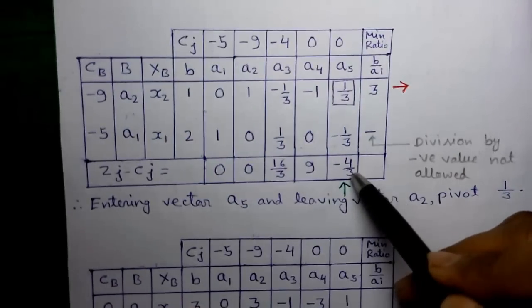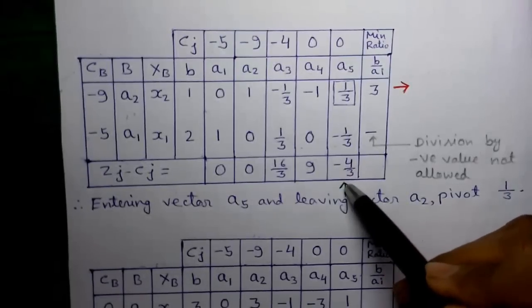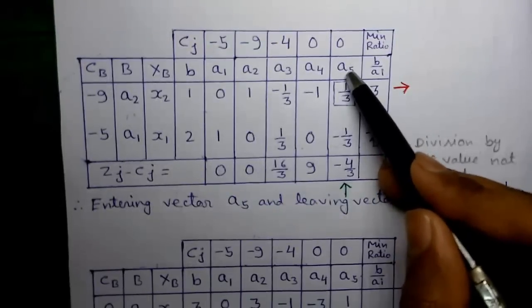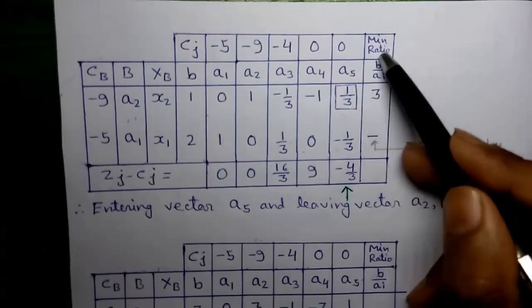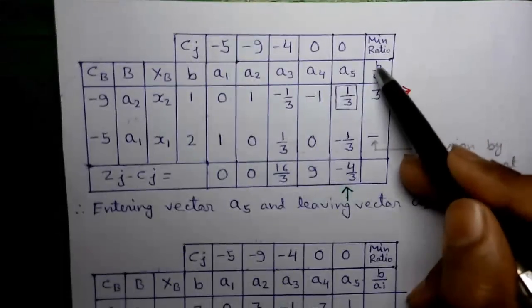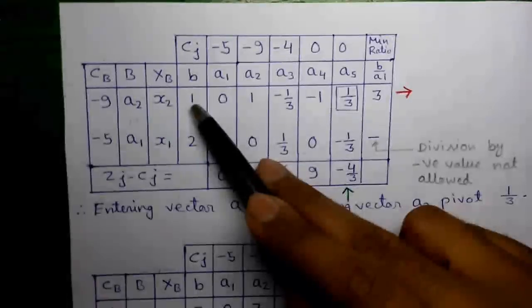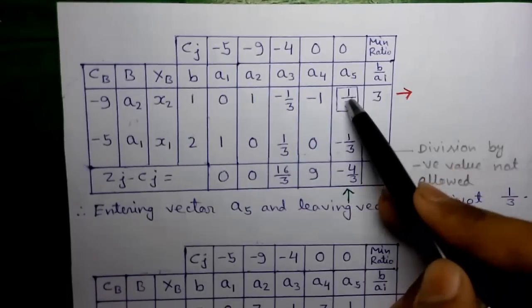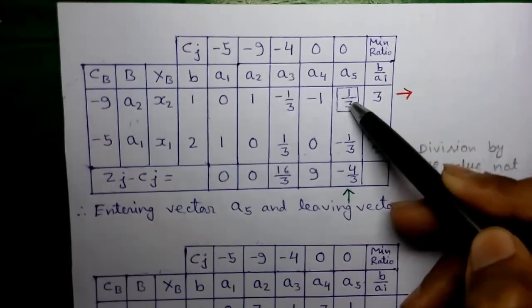And now we have to find the most negative number, that is minus 4 by 3, and we write an upward arrow next to this column that belongs to the A5 column. So A5 will be our entering vector. And next, to find the exiting vector, we have to calculate the min ratio. That is given by B by AI, that is we have to divide all the numbers in the B column by the corresponding numbers in the A5 column, or the entering vector column.